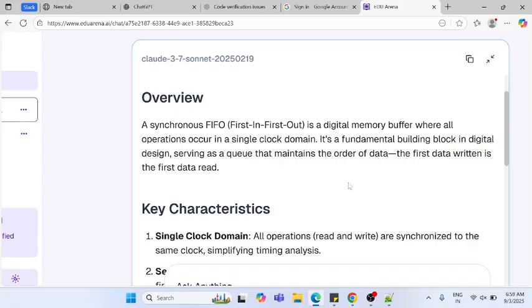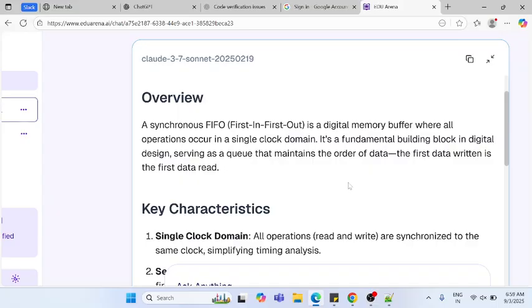Then we will discuss how to modify the synchronous FIFO design with the LLM, then how to insert a bug and ask the LLM to modify. Then, given a partial code of the FIFO, how are the different LLMs capable of generating the code, right?